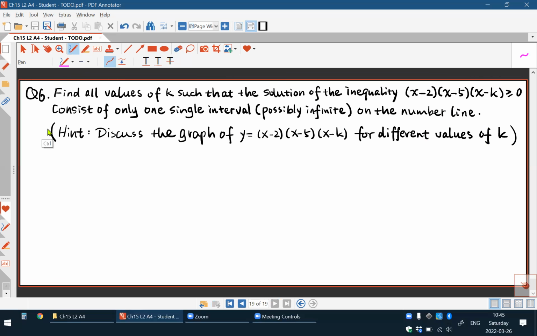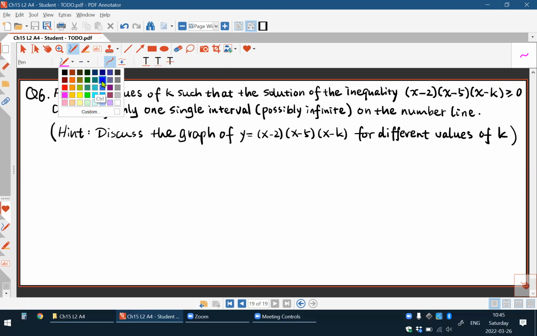Okay, also I gave you a hint here because we don't know the value of k yet, right? So you need to discuss under different values for k. What does the graph of this function look like?